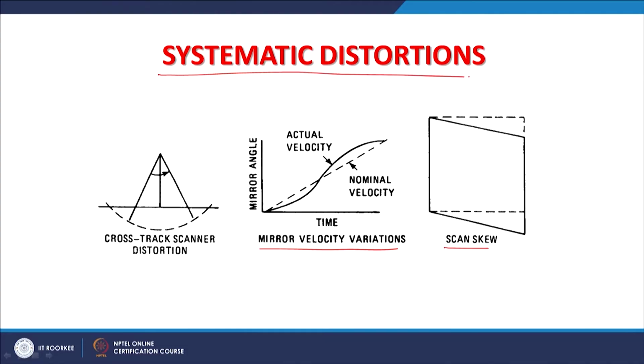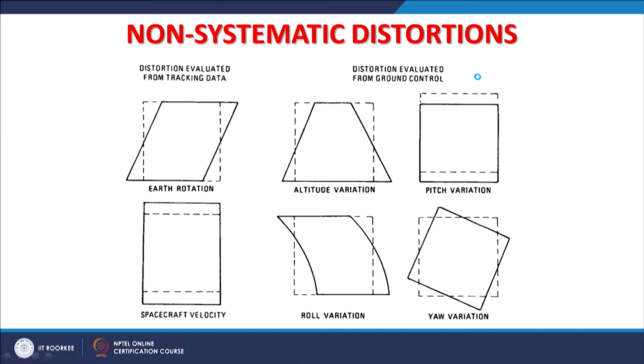They have a certain angle, about say 9 degrees from the pole, and when the data is being acquired by a satellite, the earth is also rotating from west to east on its own axis, and due to that skewness in the images may also be seen, and it can also be removed. These errors fall in the systematic or geometric distortions.